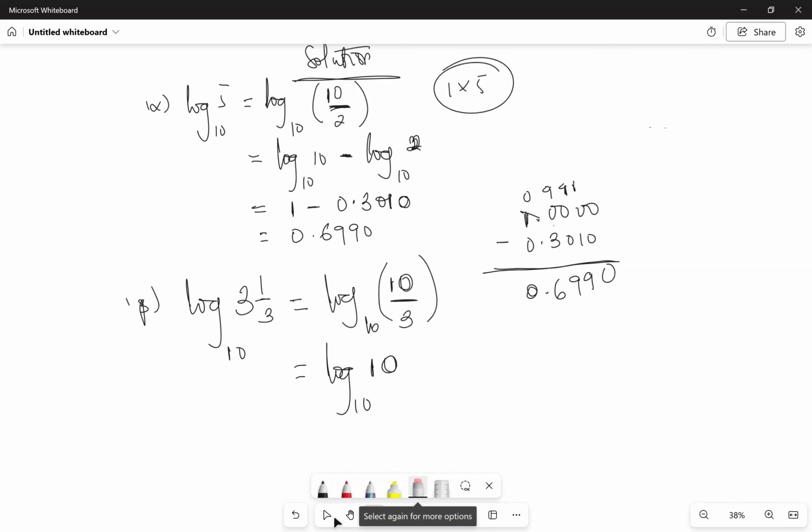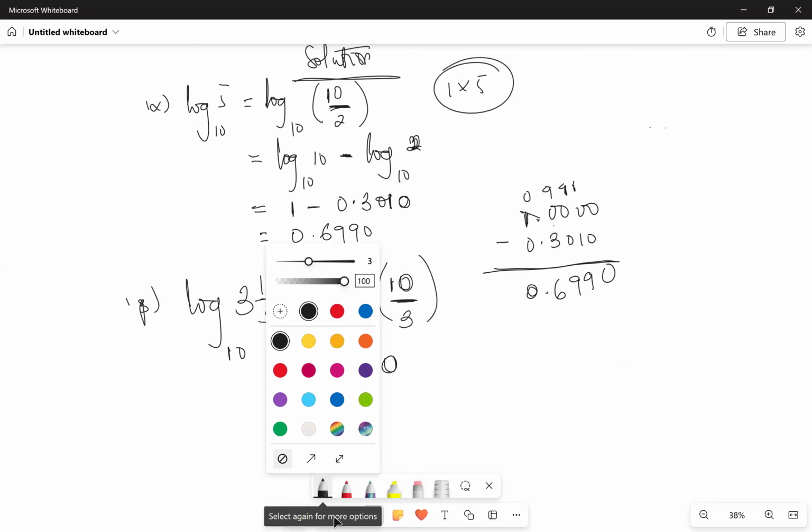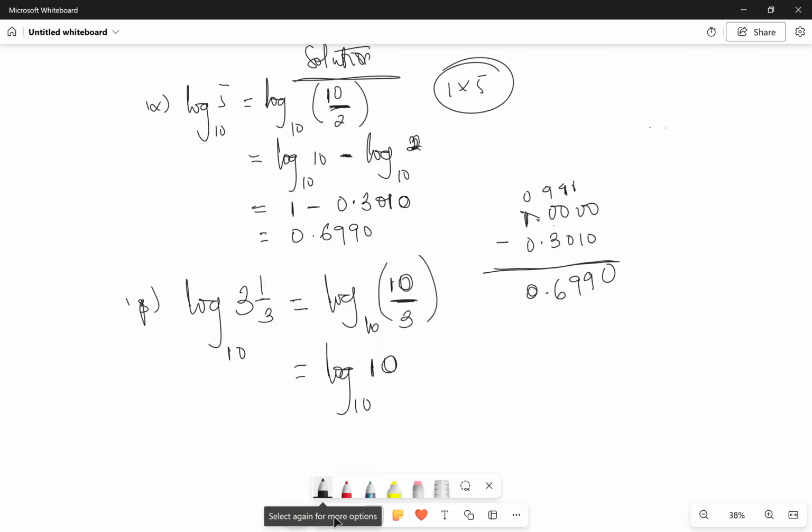Let's open up. Remember how we learned that addition is multiplication and subtraction is division? It's only when they have the same base that we choose to write them on one base and divide. So you should understand why I'm expressing it on base 10.